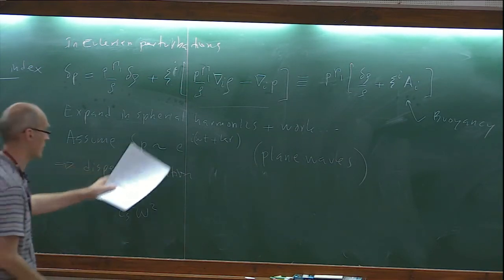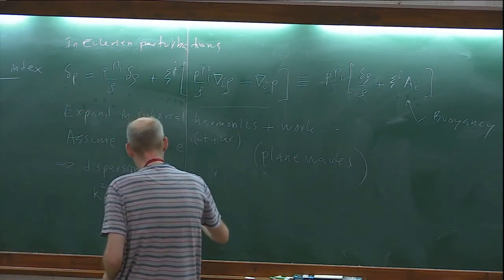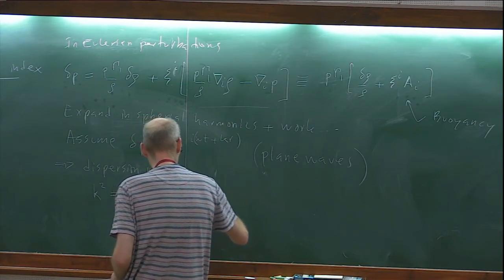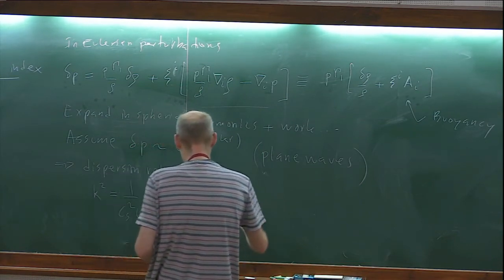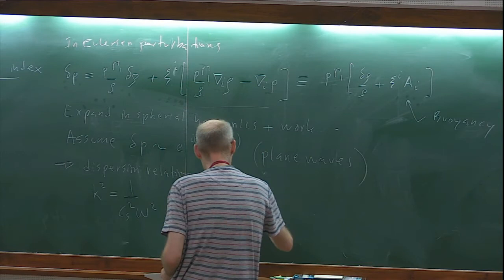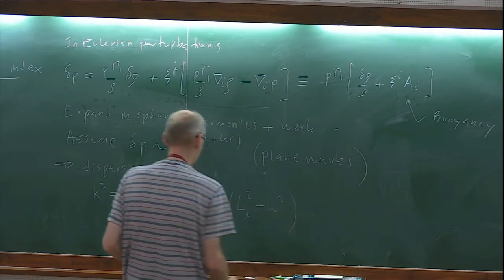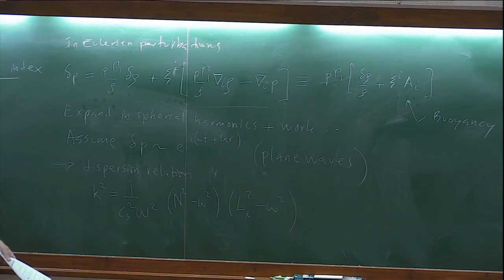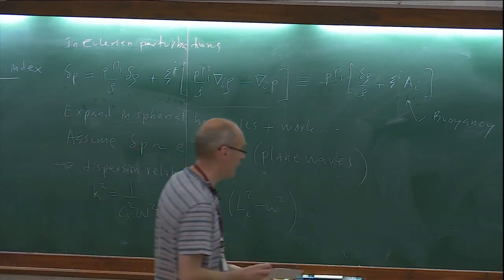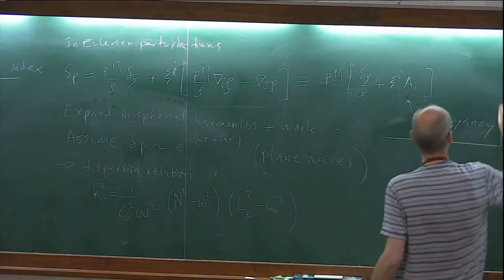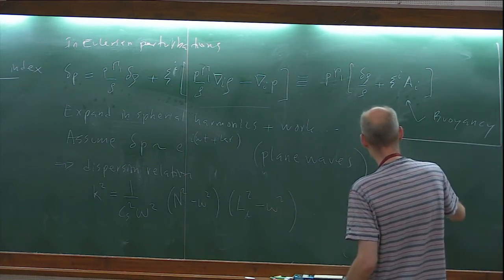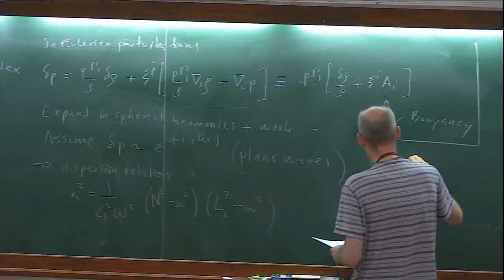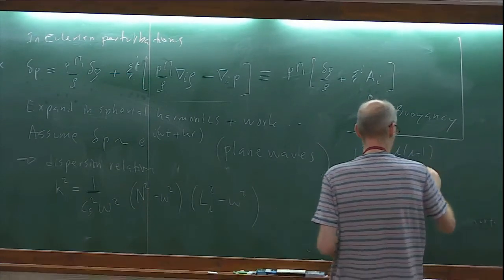omega being this angular frequency again, and n squared, whatever that is, minus omega squared, and an LL squared, whatever that is, minus omega squared. So now I introduced many symbols just to write things down, but here we have the LL squared is just this LL plus 1 that you will recognize from before.